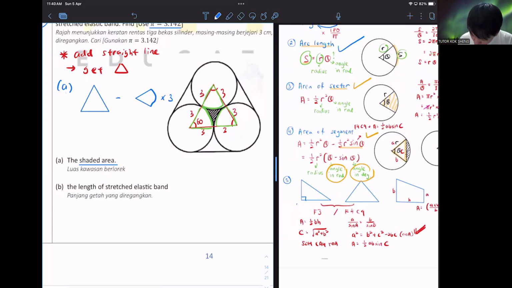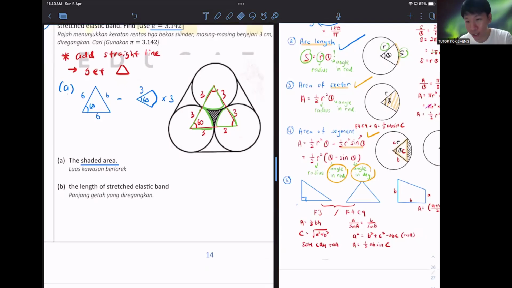Now the triangle has all the same length, 6, the angle 60. And for the sector here, no matter which one, the radius is 3 cm and the angle here is also 60. For the triangle first, I go for the chapter 9 formula because this is not a right angle triangle.